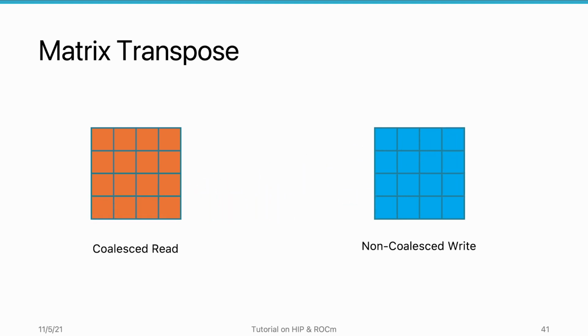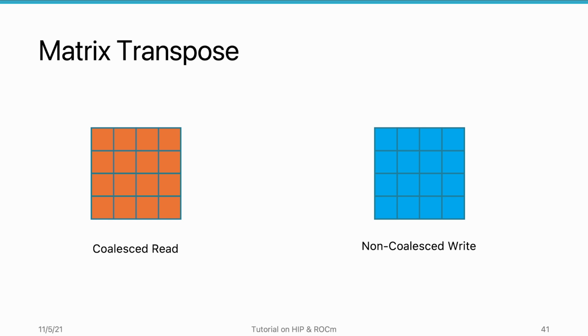So the question is, is there a way that we can enjoy both the coalesced read and also convert the write into a coalesceable write? Luckily we have LDS as an intermediate point. We can first load the data into LDS in a coalesceable way, and then we can write the data from the LDS in a coalesceable way.